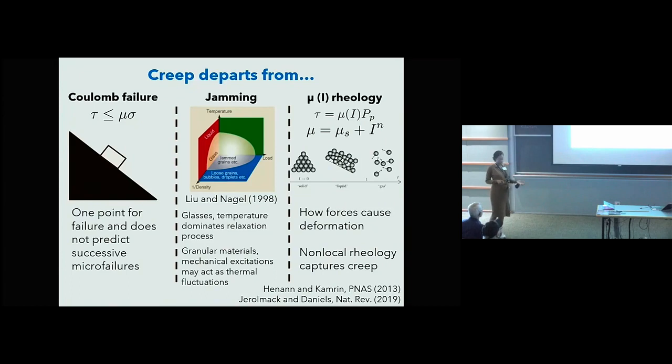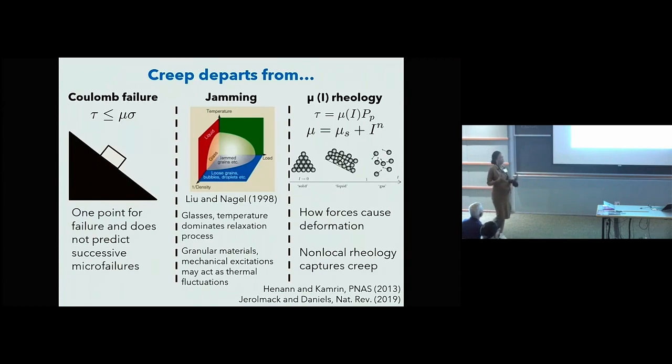And then lastly, there's the mu(I) rheology, which describes how forces cause a deformation in some material. And it's described in terms of an effective friction, mu, and how it depends on the dimensionless shear rate, the inertial number, I. In order for mu(I) rheology to capture the slow deformation motion of creep, we need to then include a non-local length scale to accommodate this kind of behavior.